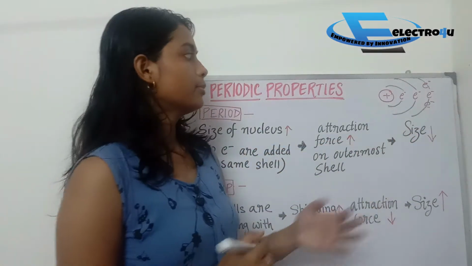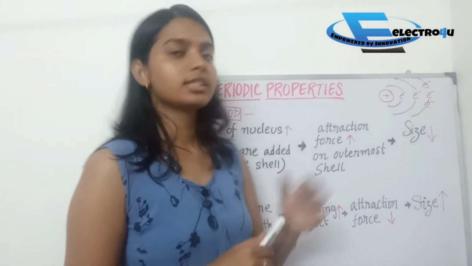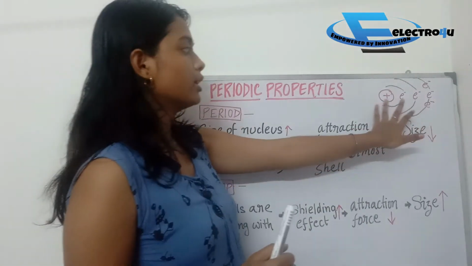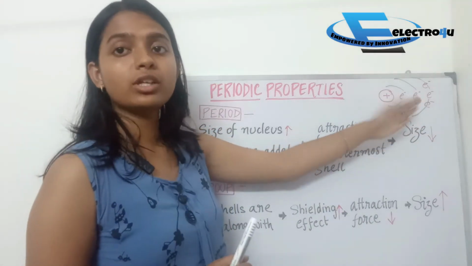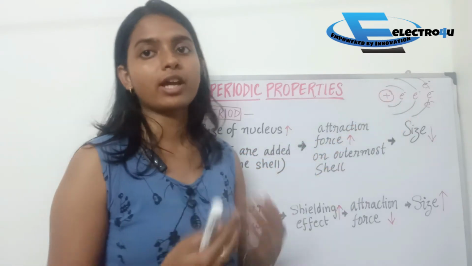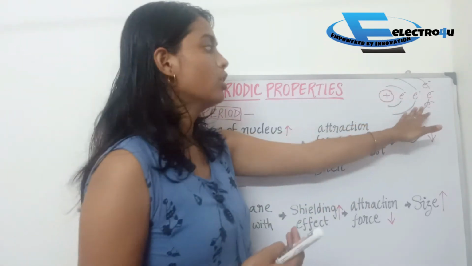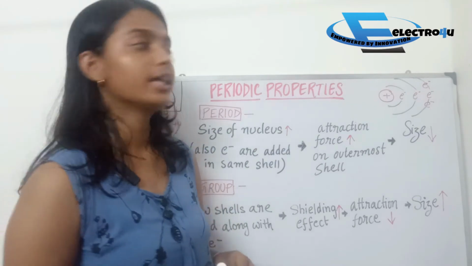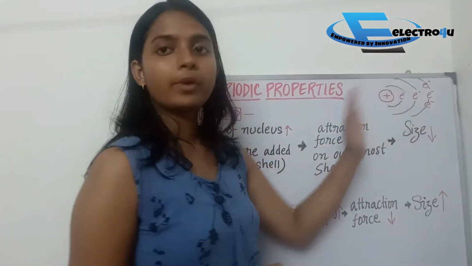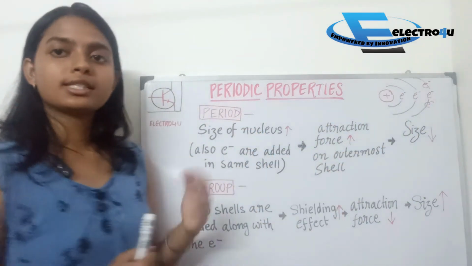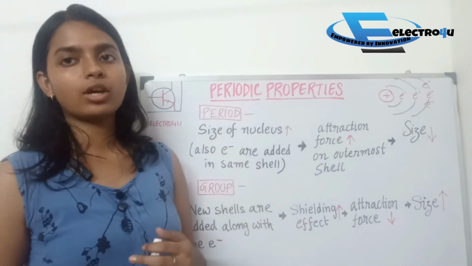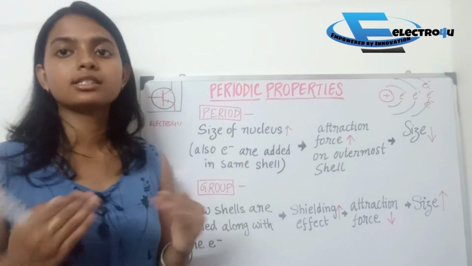So here we can see that the shell size remains the same, but due to the increase of the size of the nucleus, the attraction force on the outermost electron will also get increased. That's why it will get compressed a little, so its size will get decreased. So along the period, the size of the atom gets decreased.